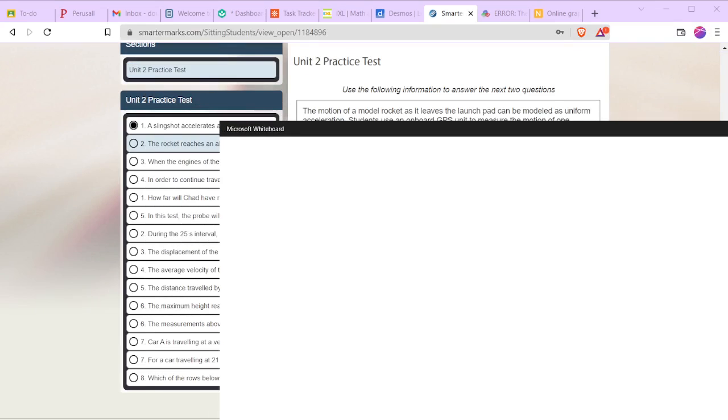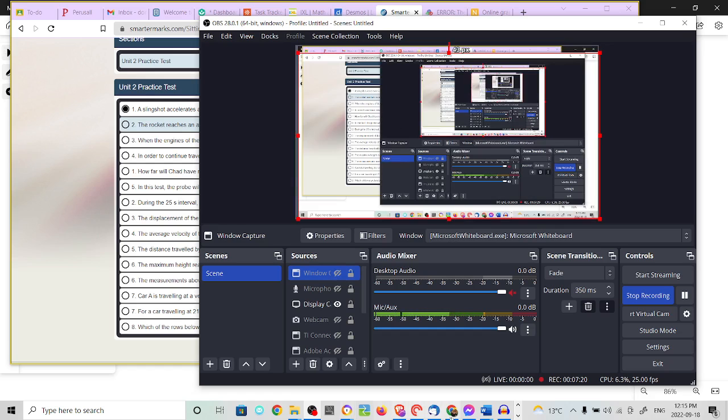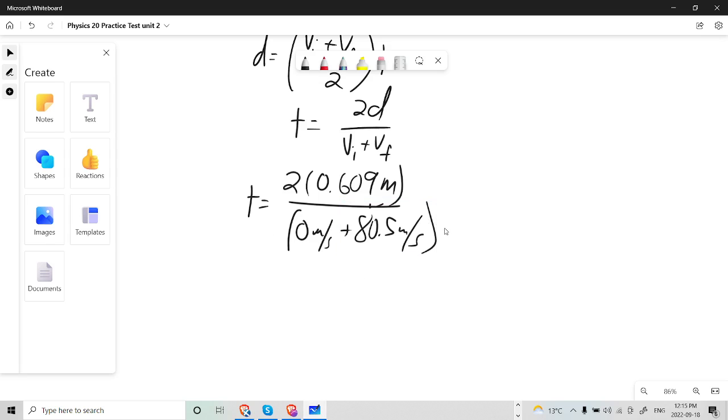Oh, maybe that's the issue. The whiteboard window seems huge. Is it only capturing the top corner? No, that's not it either. Okay, we'll go back to the full display capture. We will be using the same equation.